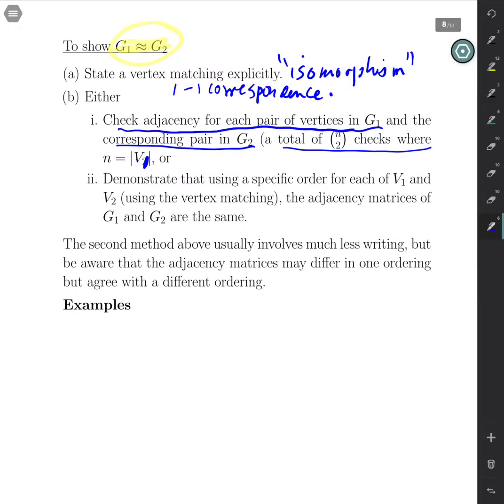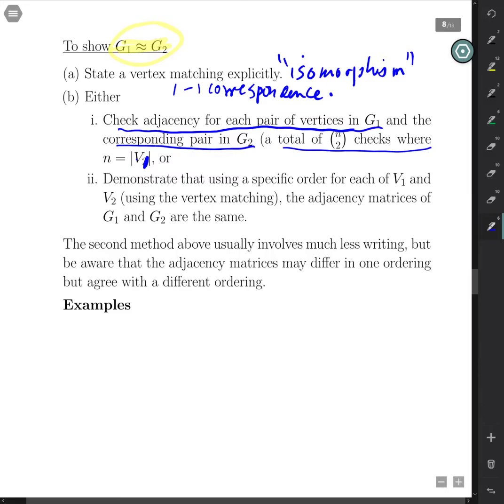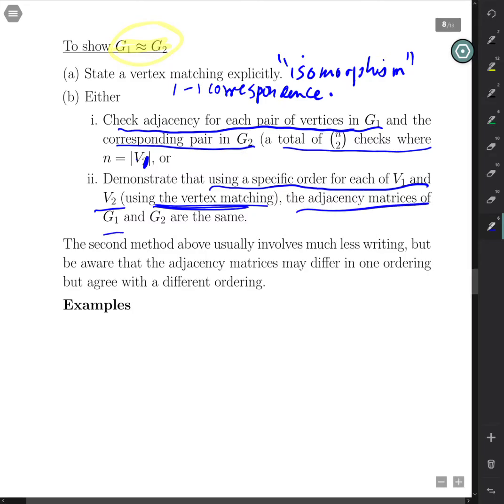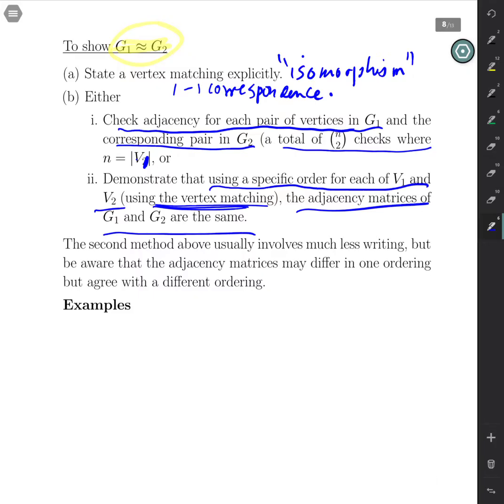The second way is to demonstrate, using a specific order for each of V1 and V2 that corresponds to the vertex matching, that the adjacency matrices are the same. You're going to order the vertices according to the corresponding vertices in the other graph. Show the adjacency matrices are equal if you use a particular ordering of the vertices in the two graphs.